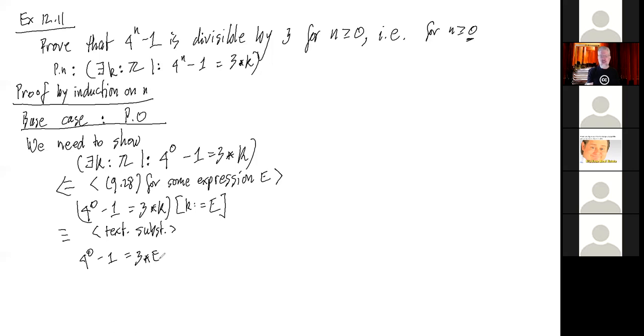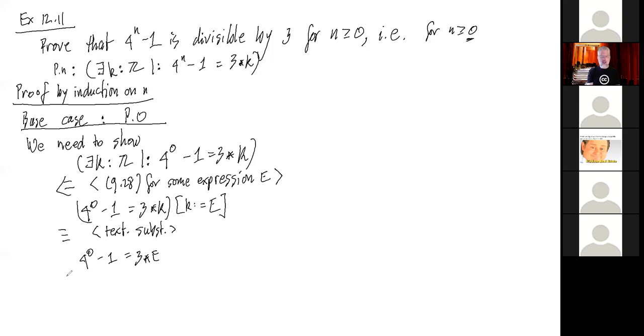So in some sense, I just need to solve for E. This is a classic Algebra 1 problem from high school where I've got a variable and I need to solve for it, okay? And so if I can solve for this, then I know there is an E that makes this work, which means I know there exists a K that makes this work.